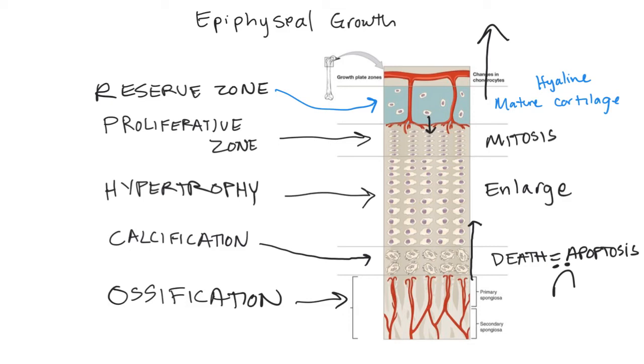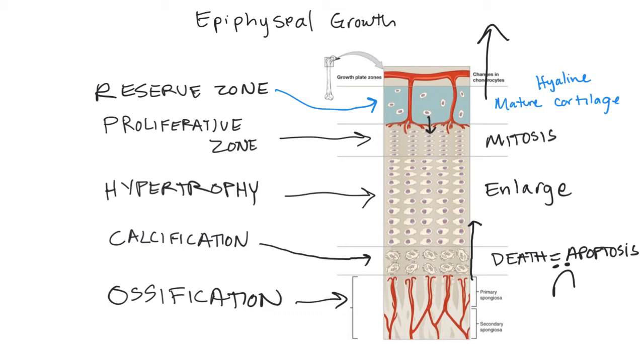The other one will have mature hyaline cartilage added onto that, and so on and so forth. Those are blood supply.